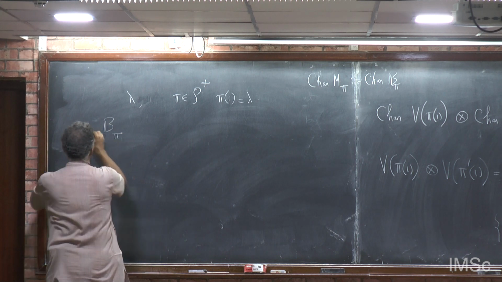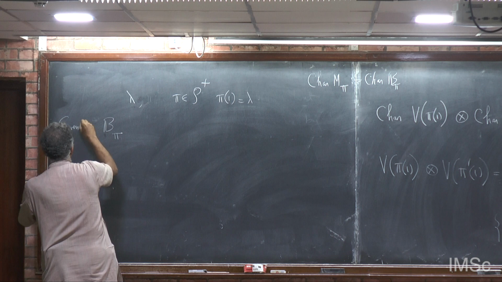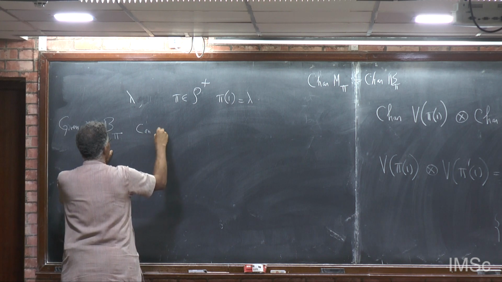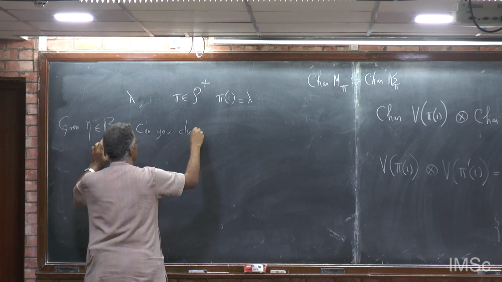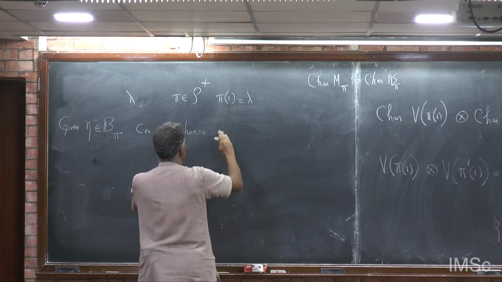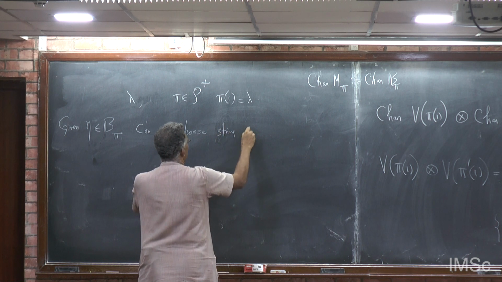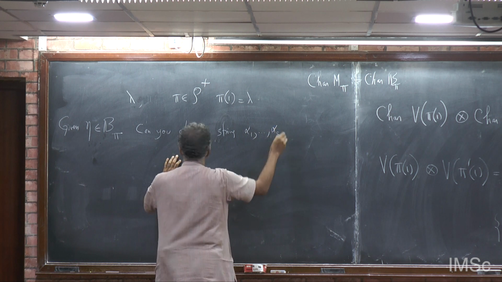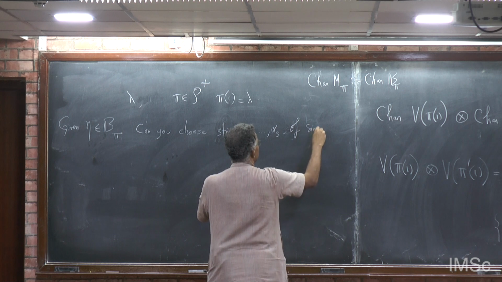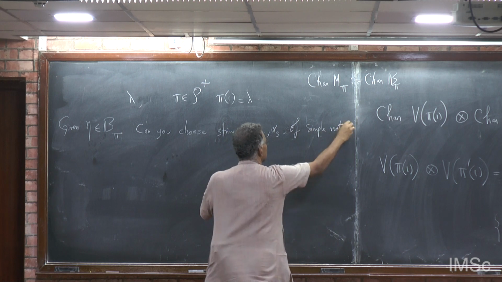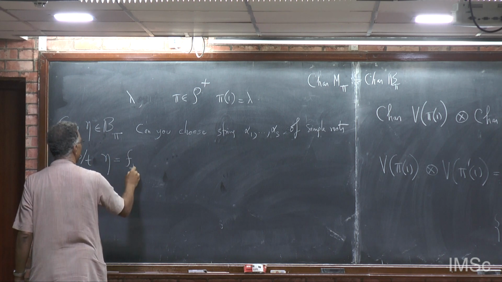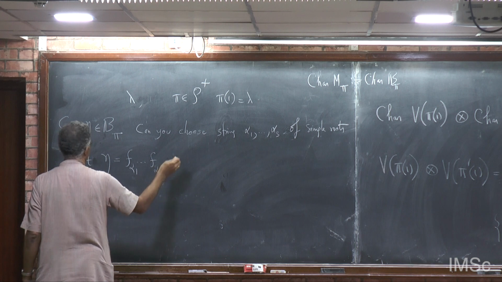So for given eta in b pi, can you choose a string f alpha 1 through f alpha s of simple roots such that eta is equal to f alpha 1 through f alpha s applied to pi.